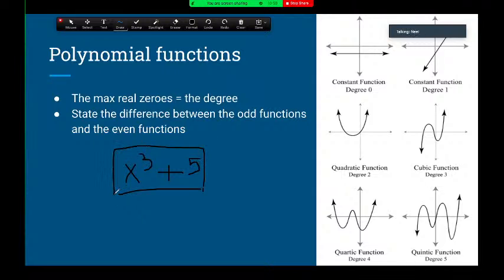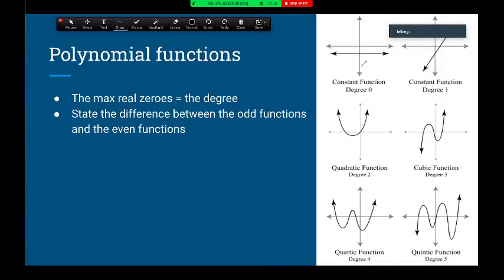Wait, so you have to add it? The degree would be, if this is not a trick question, 3. Yeah, this isn't a trick question. So you're right, it was 3.